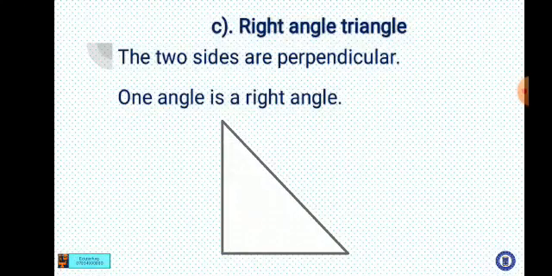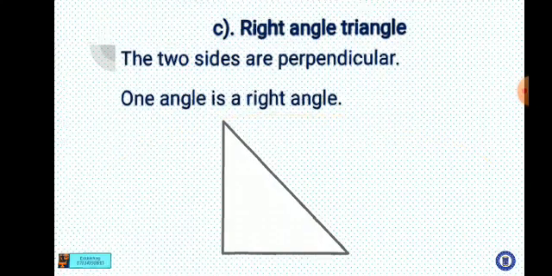That's why they said the two sides are perpendicular. You can see that angle at the square corner. It is a right angle, angle of 90 degrees. One angle is a right angle. I have already explained that.